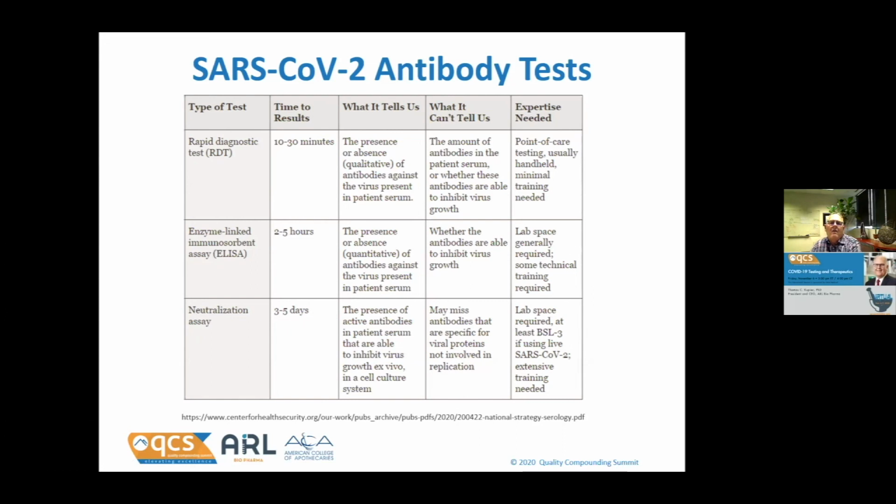Okay, the SARS-CoV. I wanted to talk about this particular slide. Look how easy this point of care test is: it's rapid, usually handheld, and minimal training is needed. We didn't put it on here, but the absence or presence is qualitative, not quantitative.